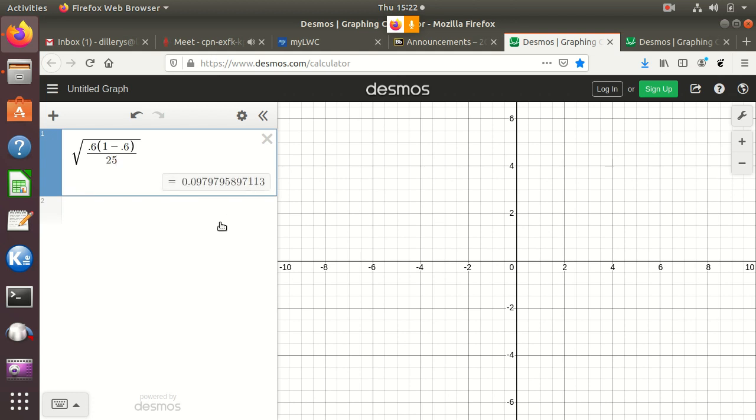And it turns out to be really close to 0.1, but 0.098. We'll go with 0.098. And there's my standard error.